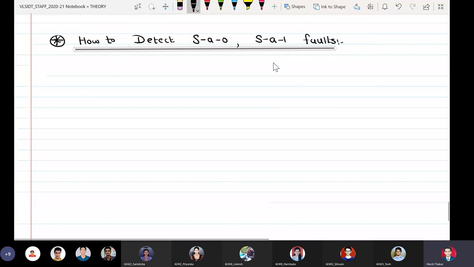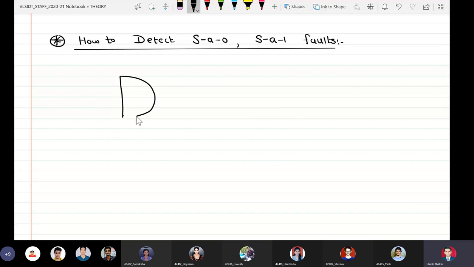So we consider a 3 input AND gate here. First input, second input, third input, and this is the output. Now if I want to find out whether my 3 input AND gate has a stuck at 0 fault, I will apply logic 1 to all 3 inputs.